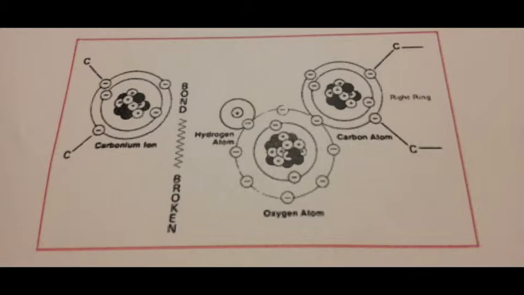The right side of the ring is stable because by sharing the electron from the hydrogen atom, the outer orbit of the oxygen atom still contains 8 electrons. The left side of the chain, however, is not stable. The hydrogen ion combined with one of the carbon atom's electrons, leaving the carbon atom with only 5 electrons. This loss of one negative electron means the carbon atom now has a net positive charge, so it is now a carbonium ion.